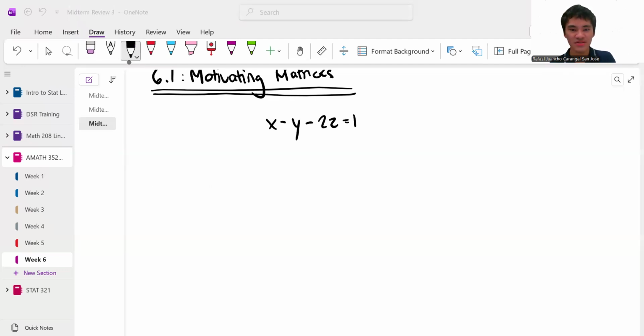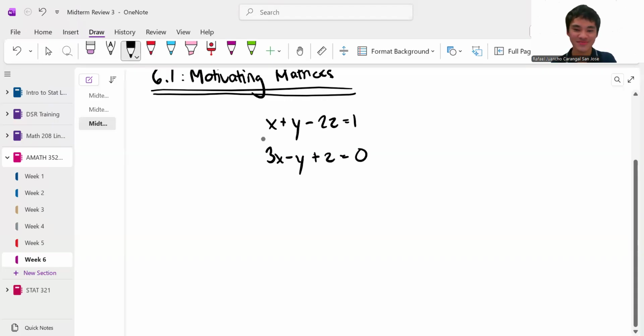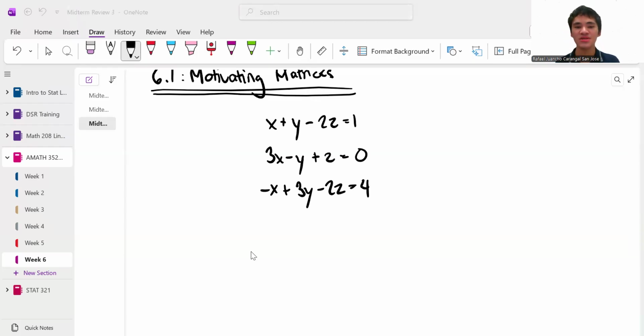So say we have this linear system, and we can convert it to a matrix. Minus x, 3y, minus 2z is 4. Okay, so to solve this, we can use elimination and substitution, right?